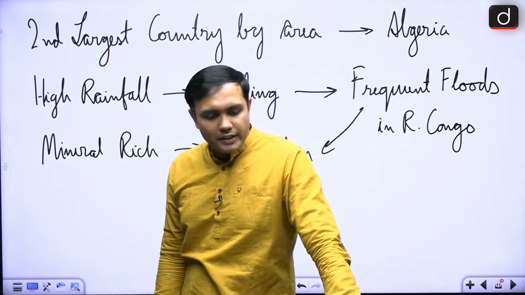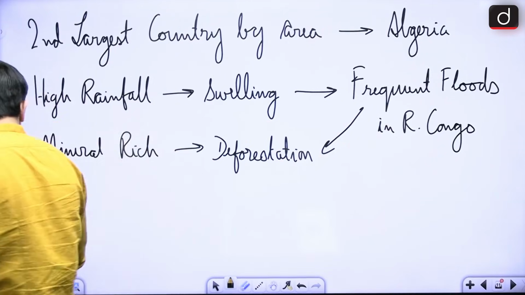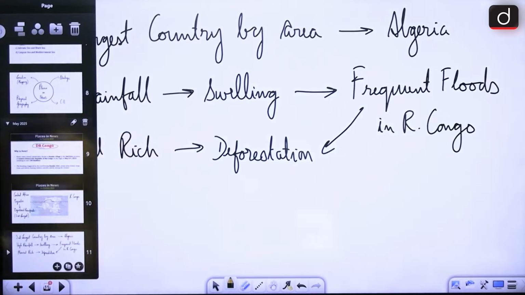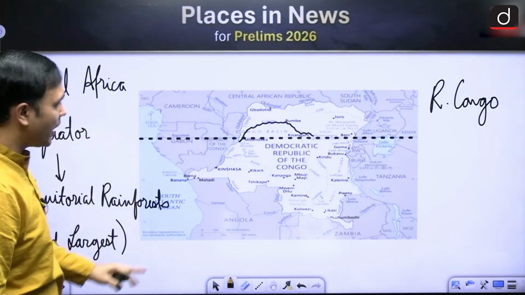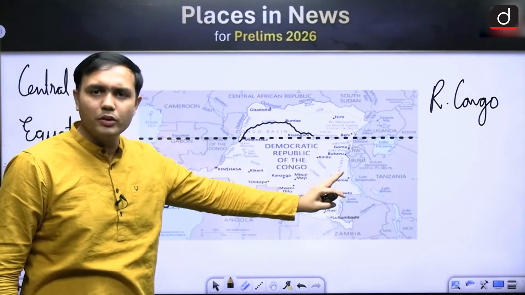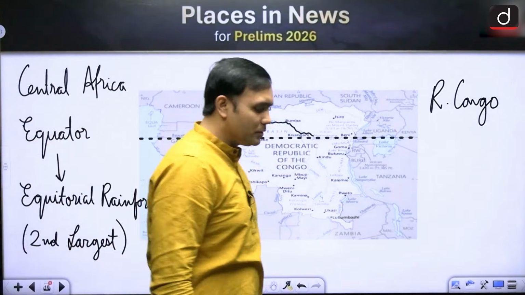So in this regard, it is a very, very important aspect. In this particular portion, what you can remember is that these rivers are having a huge role in this particular climate, okay, in this particular region.